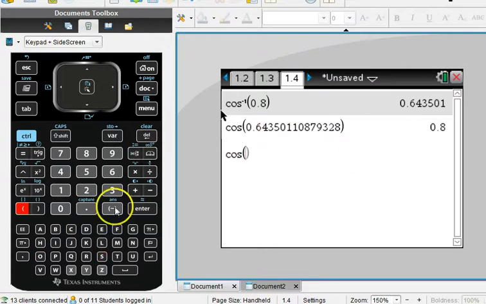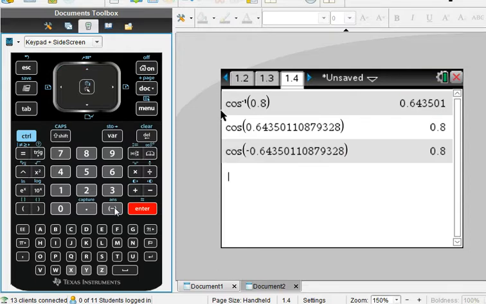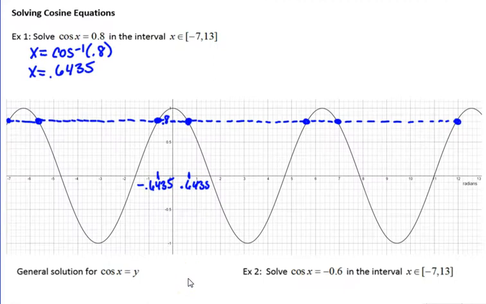If I put in a negative sign here and then grab this number, the cosine of the negative of that number should also equal 0.8. So I am correct that both the positive and negative 0.6435 give me a y value of 0.8. So I can also write that x equals negative 0.6435. That is 2 of the solutions.